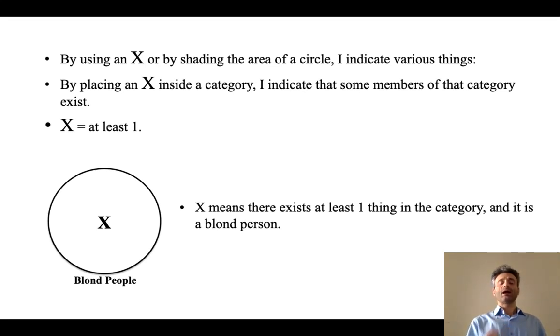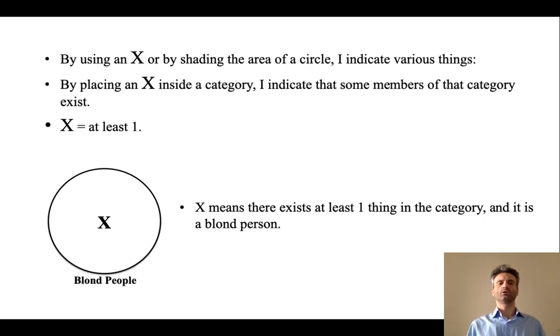So when I place an X inside the circle for blonde people, I mean that there exists at least one thing in that category, and that thing is a blonde person. There's at least one blonde person. So remember, this is very important. The X signifies existence.